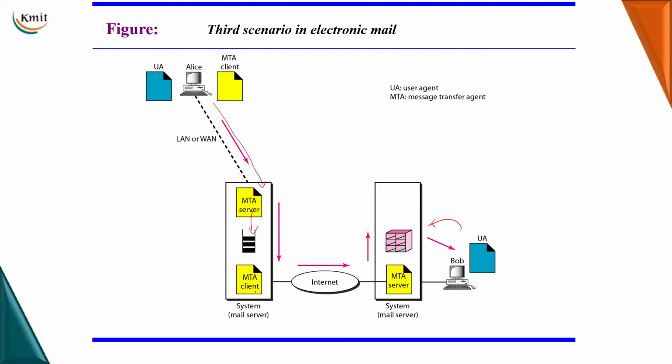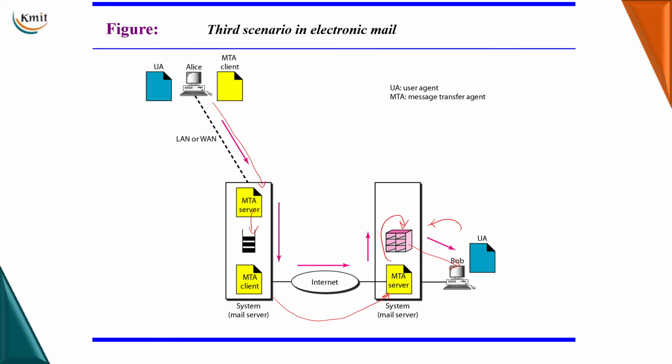So the MTA client here will transfer the mail from this system to the system server maintained at Bob. With the MTA client and MTA server, the mail is transmitted over the internet and stored into the mailbox, and Bob will make use of its user agent to access the mail or retrieve the mail from the mailbox.